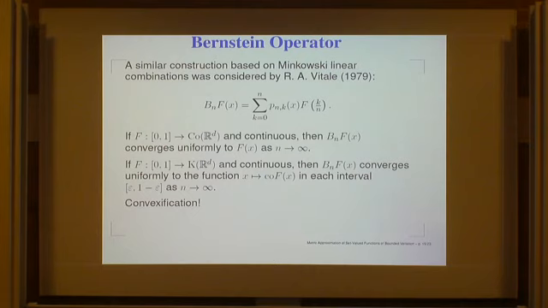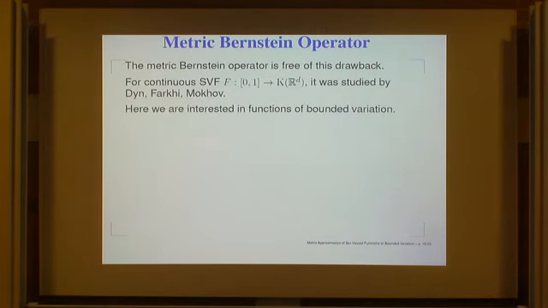So the convergence is uniform in each interval epsilon, 1 minus epsilon, for any small epsilon. So we have again the convexification. So it works for convex images, it doesn't work for non-convex images. The metric Bernstein operator, the result is not necessarily convex, so we can catch more.